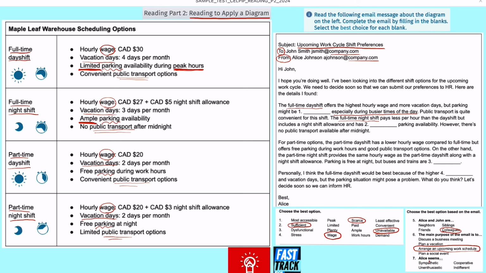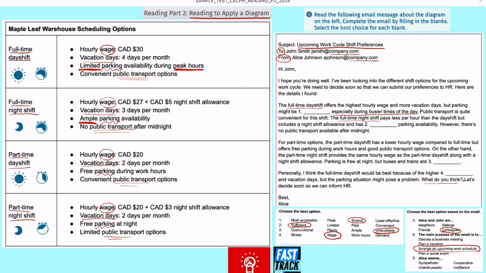Number 7, Alice seems... now we have a bunch of adjectives: sympathetic, cooperative, unenthusiastic, and indifferent. And again, for these types of questions, you're going to have to read between the lines. So it's not a particular sentence that demonstrates the attitude, but rather you need to find evidence across the passage. For me, the strongest evidence to find an answer to this question is what we can find towards the end, where Alice says, but the parking situation might pose a problem.